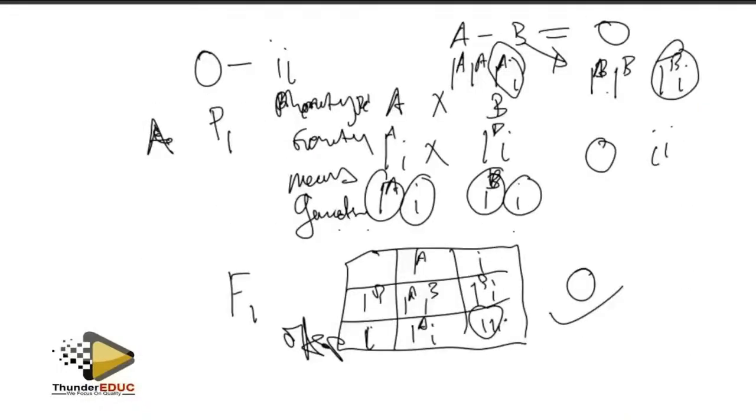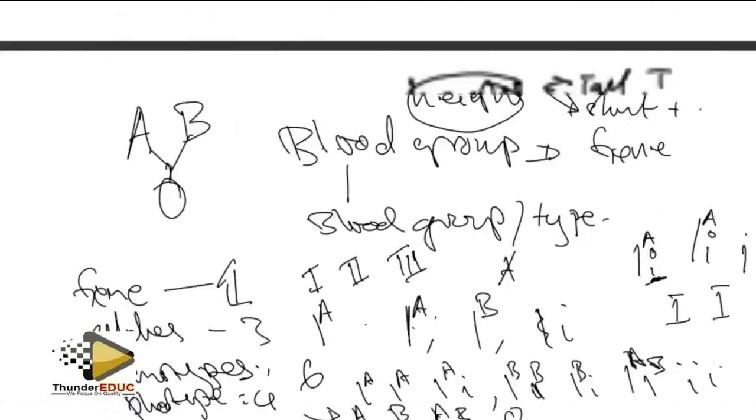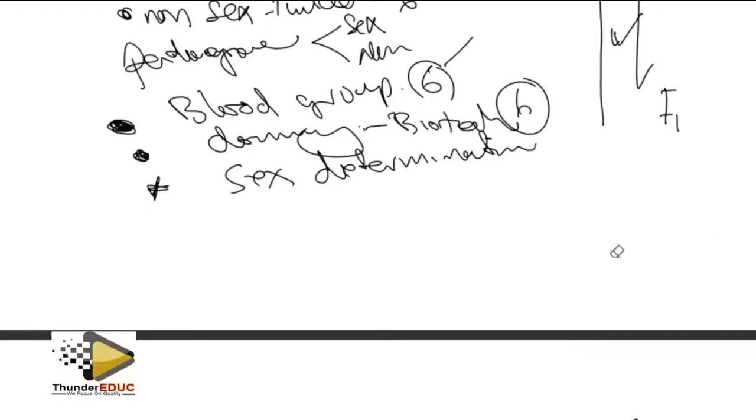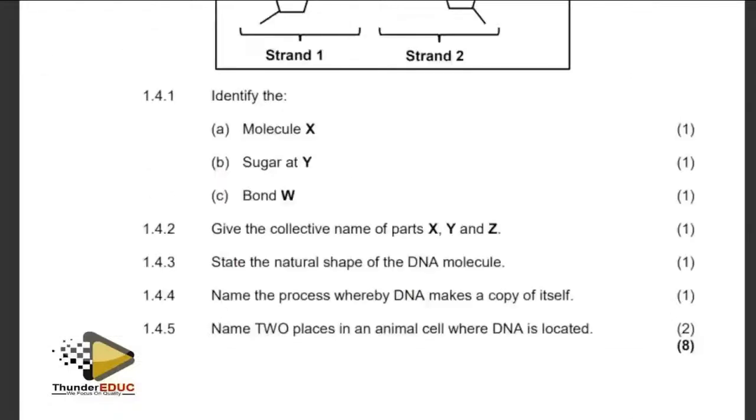We talked about the blood group. I'm coming back with cloning. Let me give you one question for you to practice, because I just want to go for 2 or 3 minutes.